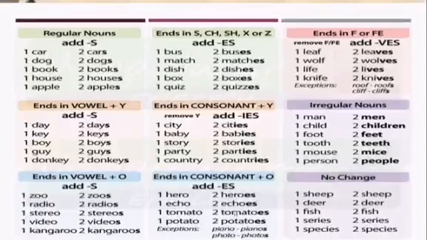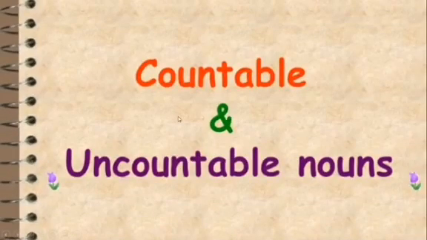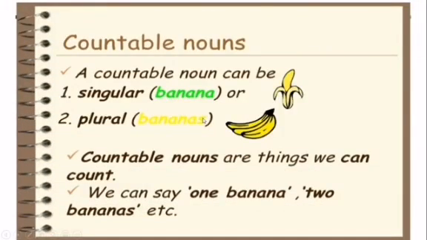Okay? Now, let's continue to talk about countable and uncountable nouns. Countable nouns. A countable noun can be singular, for example, banana, or plural, bananas. So, countables are things that we can count. We can say one banana or two bananas or three bananas or many bananas.